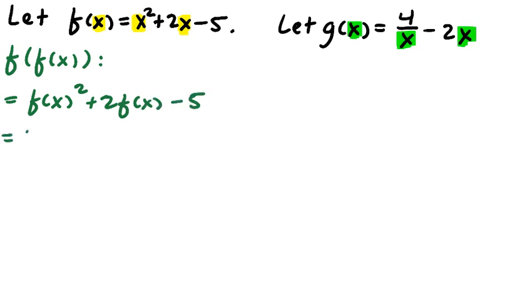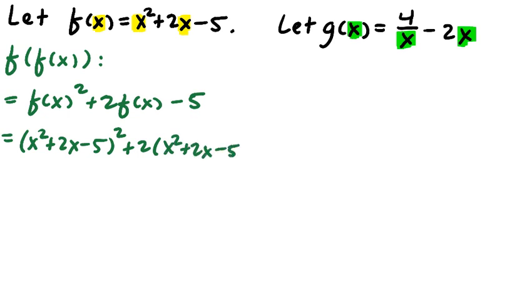If I want, I can then substitute in f of x. That's x squared plus 2x minus 5, squared, plus 2 f of x, and then subtract 5. Again, you don't need to bring out the box method and expand that trinomial or distribute the 2. You don't need to do that.